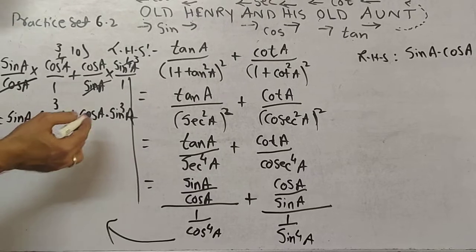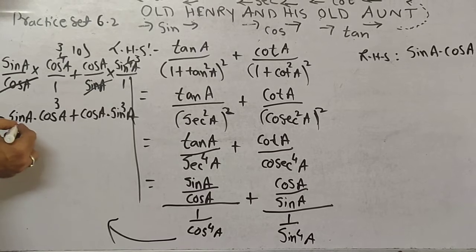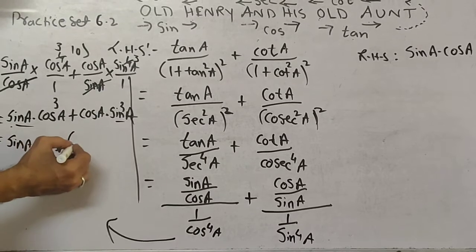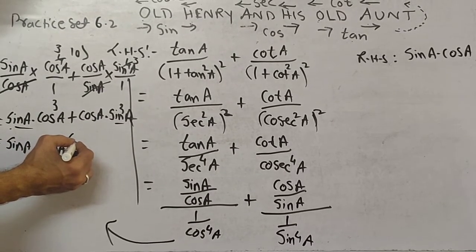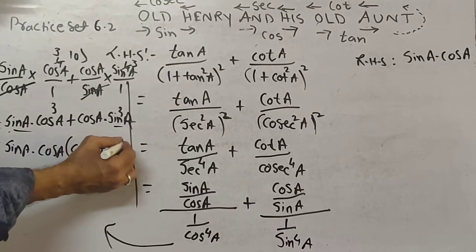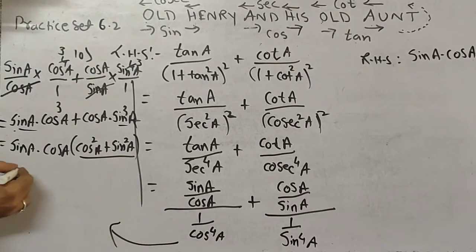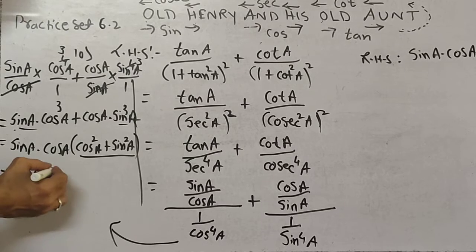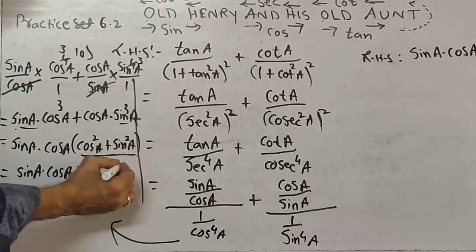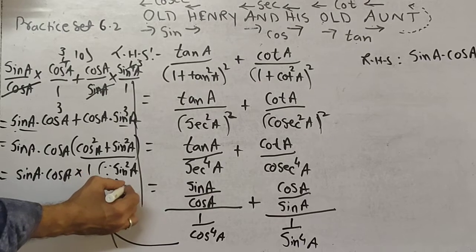Now sin a into cos a is common. You will get cos square a plus sin square a. Now you know sin square a plus cos square a means 1. So sin a into cos a into 1, because your formula sin square a plus cos square a equal to 1.